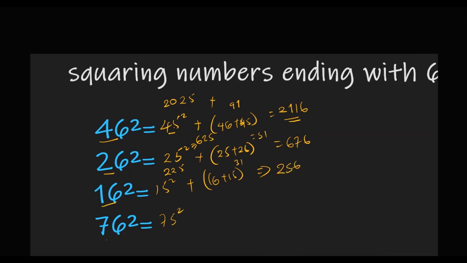For 75, it's the same. You add then in bracket 76 plus 75. This one gives you 151. And this one gives you, let's say, 25, and then 56, 24. So when you add all this, you get 5776 as your answer.